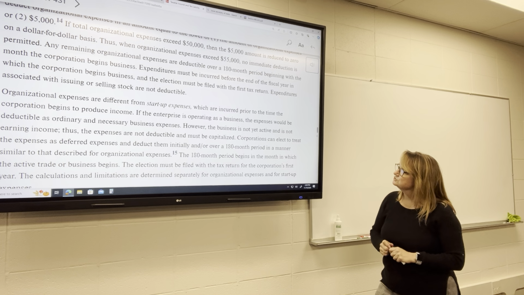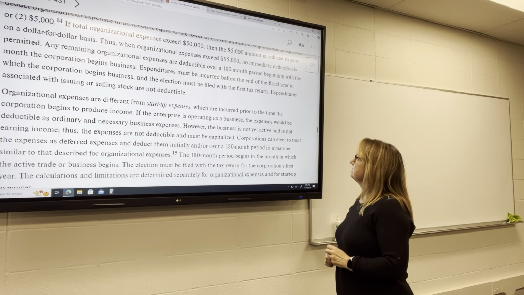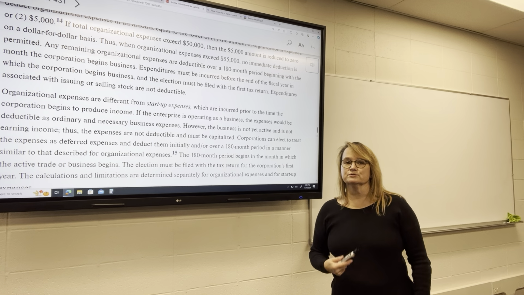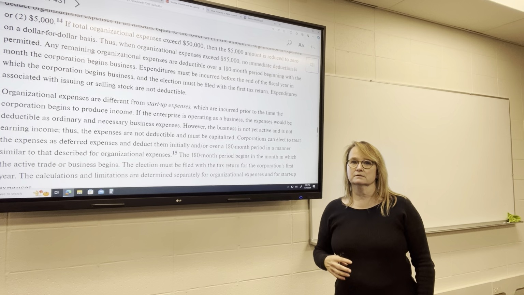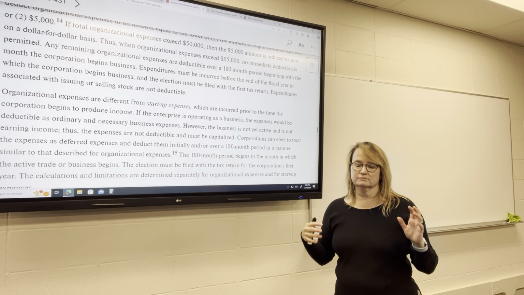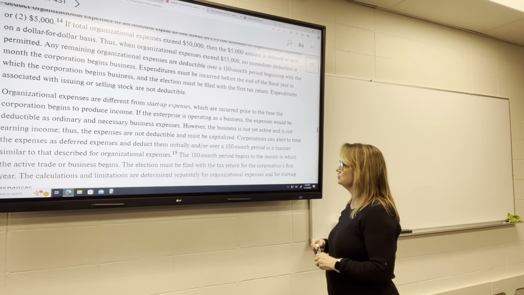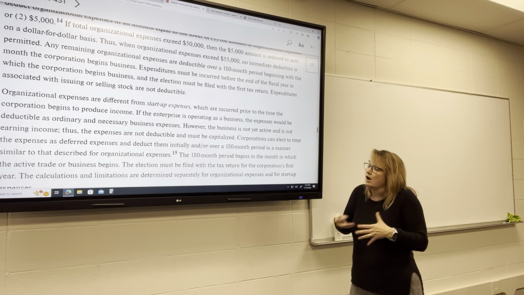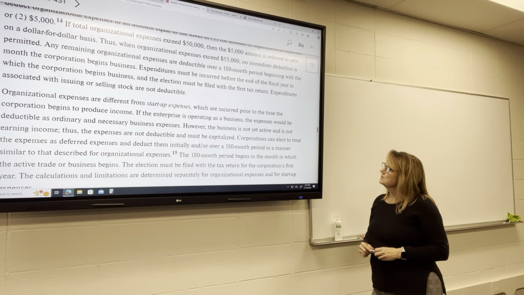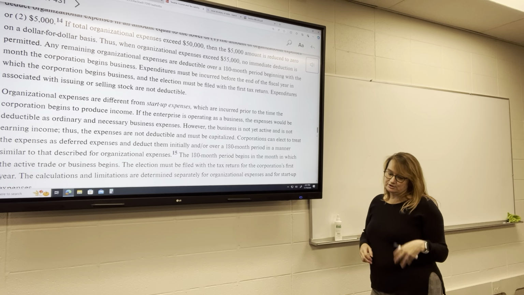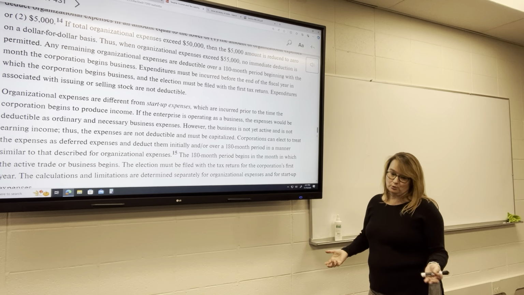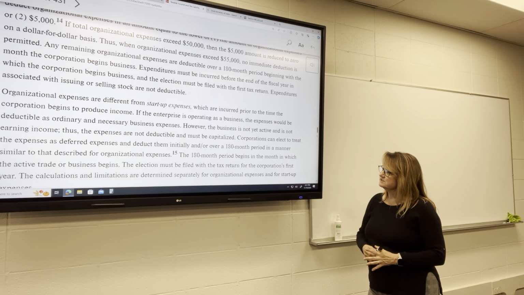I don't know if this has changed or not. So for startup expenses, which are kind of different, those are like, you're buying supplies, you're buying all sorts of stuff to get operations up and running in order to produce income. Normally if you're generating income, you would deduct those things as ordinary and necessary business expenses.